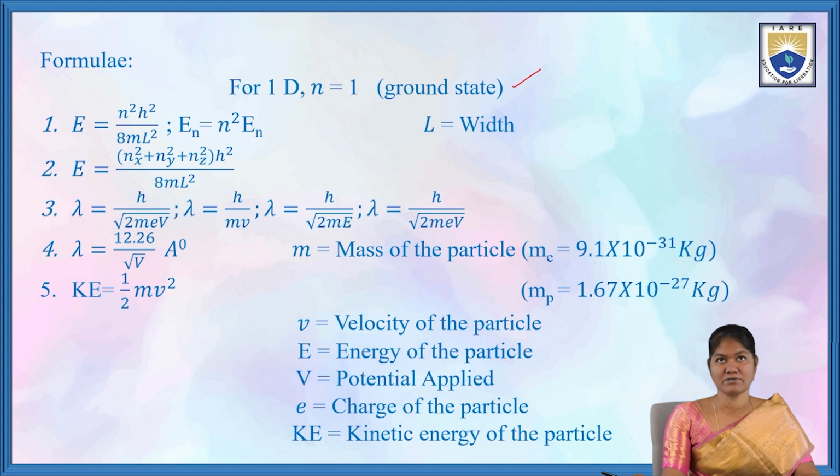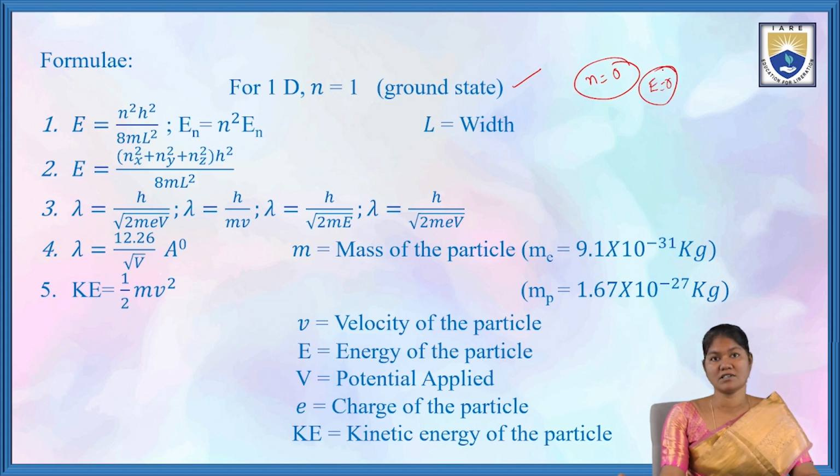But we have already seen that if n equals 0, the energy becomes 0, so there is no zero energy of the particle in the energy level.